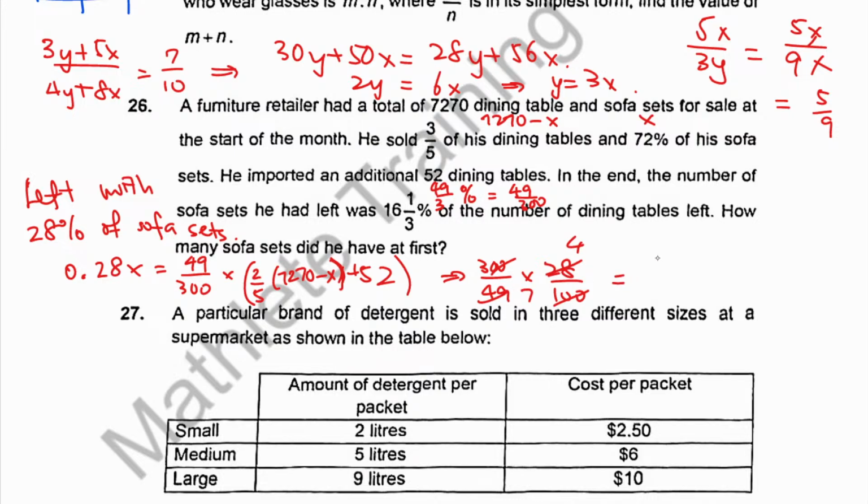So that is 12 over 7. So 12 over 7x is 2/5 of (7270 minus x) plus 52.